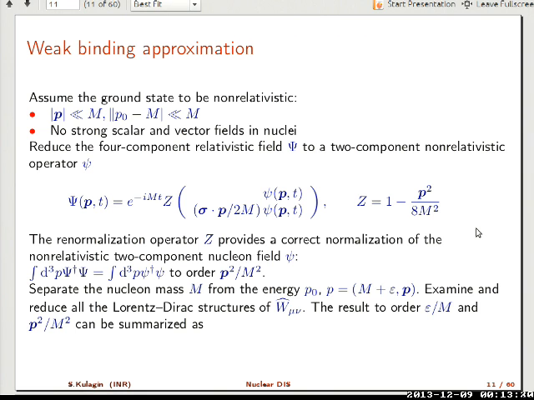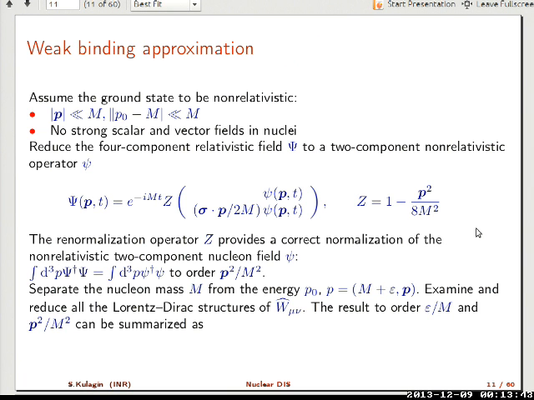Otherwise I would get in trouble. The scalar and vector fields would mix the upper and lower components of my operator, so I would have to consider explicitly the interaction effects in the impulse approximation. But if I assume that, then I can proceed.